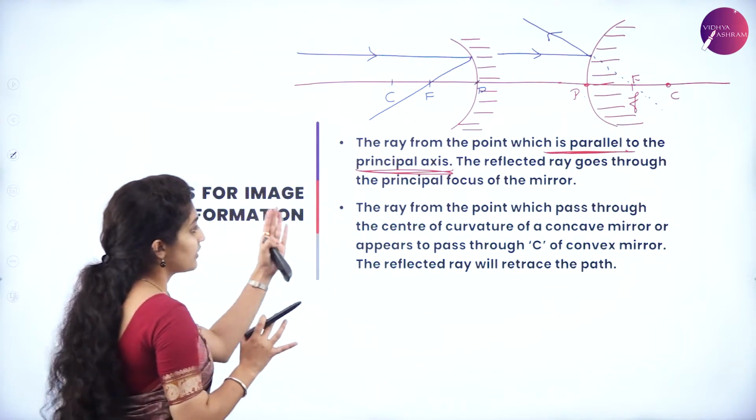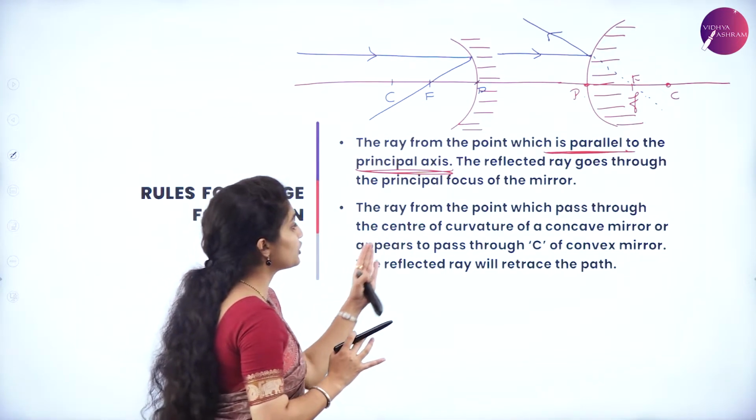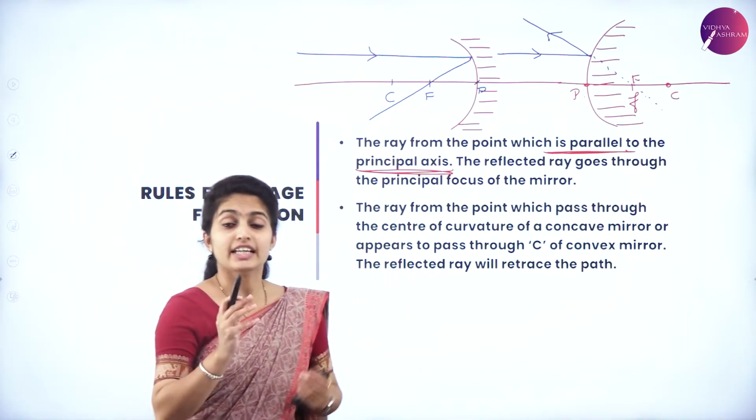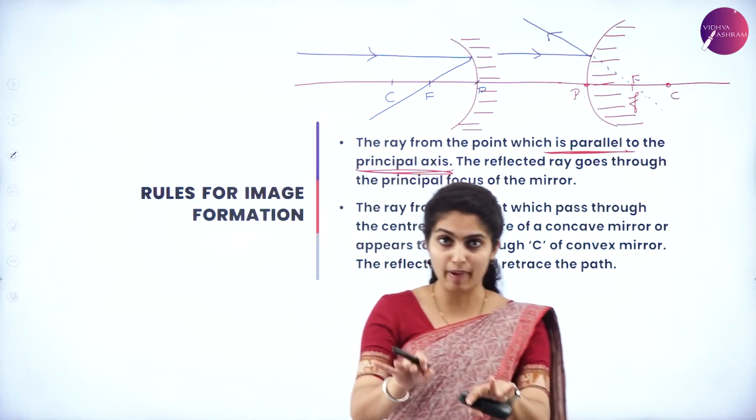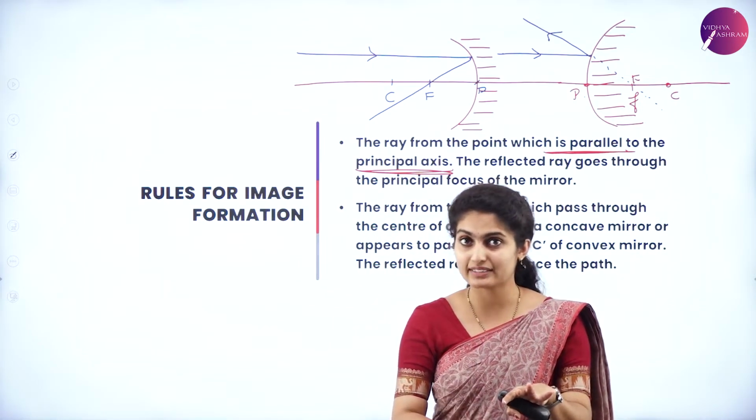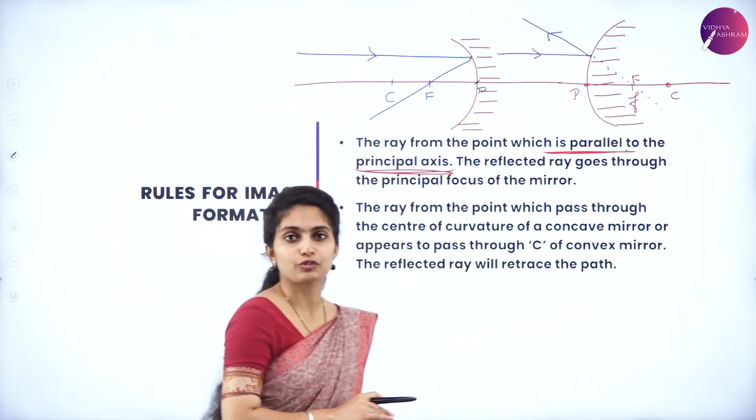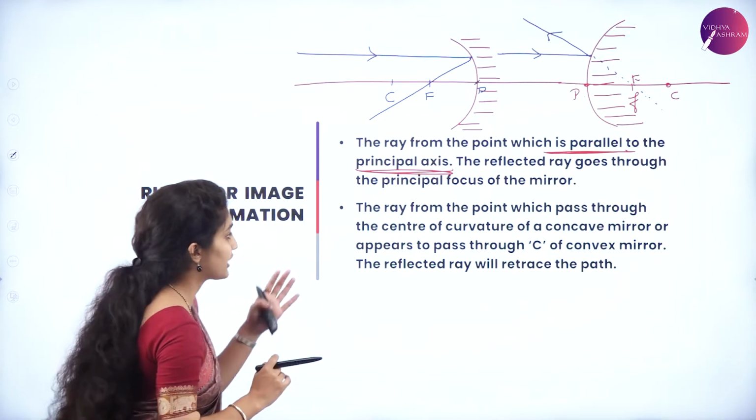Next is the ray from the point which passes through the center of curvature. Suppose the ray is not parallel to the principal axis, but it passes through the center of curvature. Let us see how we can go with it.